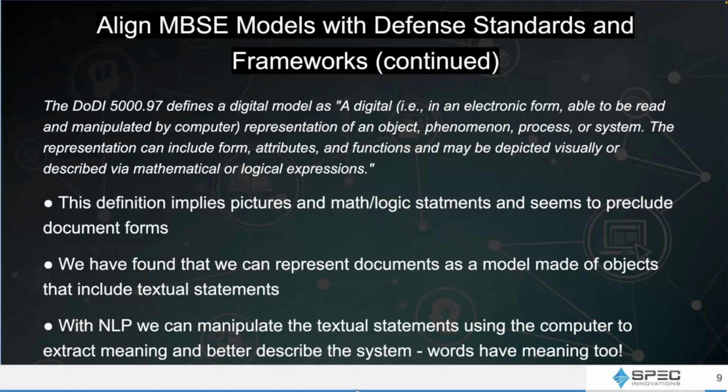And I believe it's a combination of all those things. They're not precluding each other. This has been, I think, a misunderstanding of model-based systems engineering. Everybody thinks it's just a bunch of pictures. It's not. It's the information that we are using to describe the system.